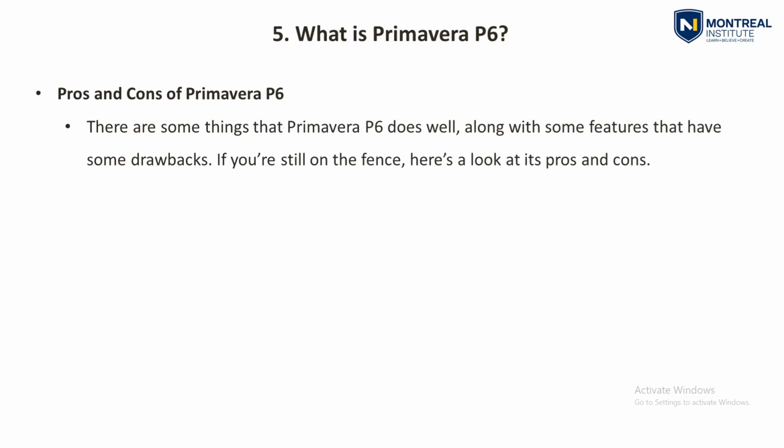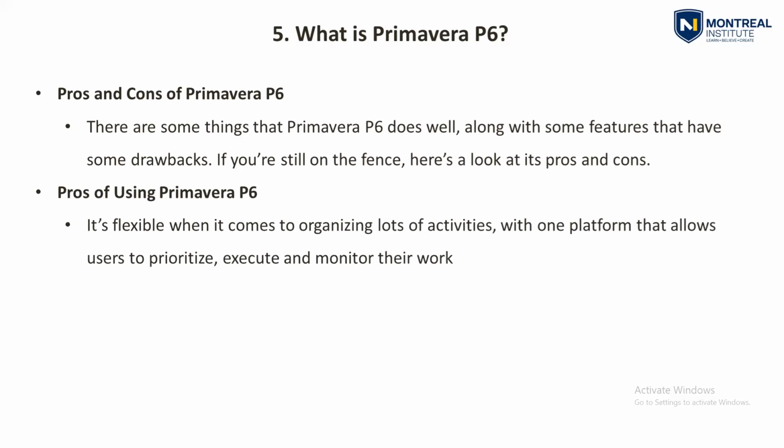The advantage of using Primavera P6 is that it is flexible when it comes to organizing lots of activities. You can add more than 10,000, 20,000, maybe 100,000 activities in one project, with one platform that allows users to prioritize, execute, and monitor their work.